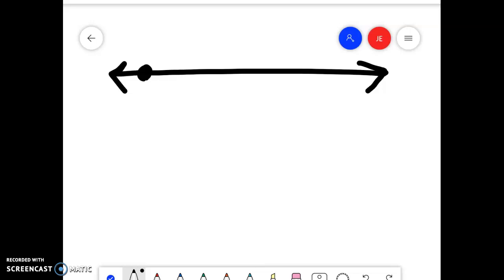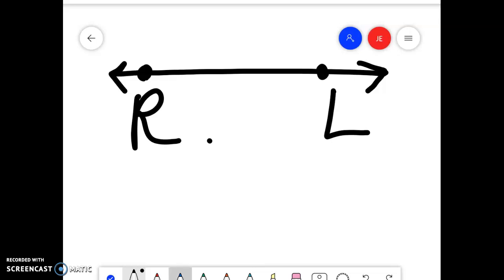I'm going to call this one ray RL. And this ray RL has an endpoint of R with a continuation on through L, which also could be considered, if we had another point on there, a segment that would go from R to L.